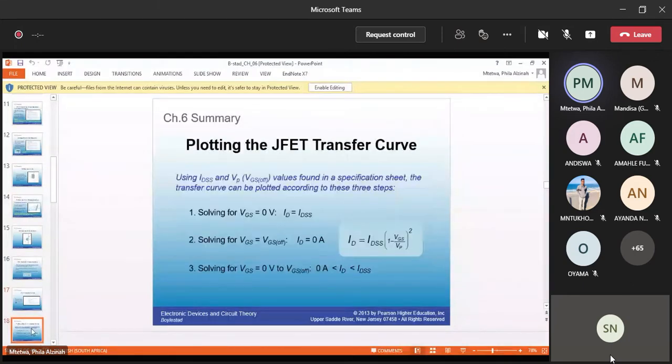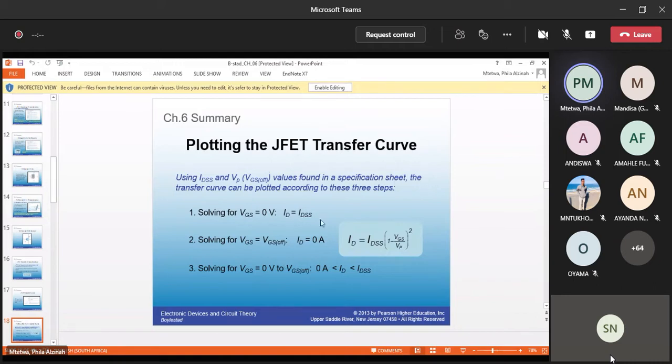Okay, plotting the JFET transfer characteristic curve using IDSS and VP, which is the pinch-off voltage, also called VGS off. These values are found in a specification sheet. The transfer curve can be plotted according to these 3 steps.